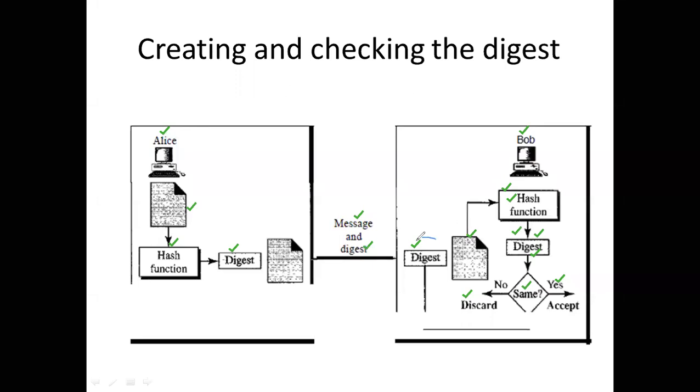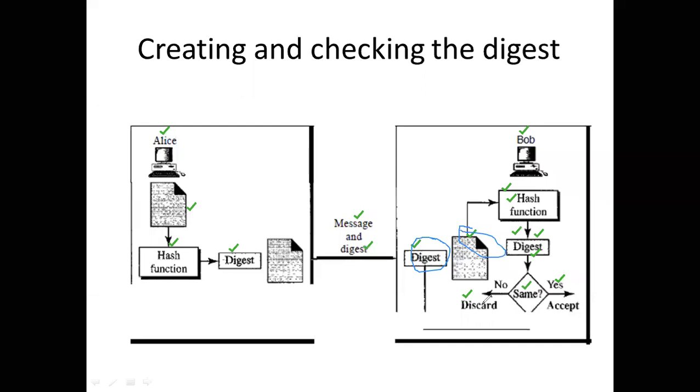Let us call this digest in a blue color circle the sender's digest. So what will the receiver do? He will take the original message, apply the hash function to it, generate the digest, and check if both are same. If both are same, then accept it. Otherwise, he is going to discard it.